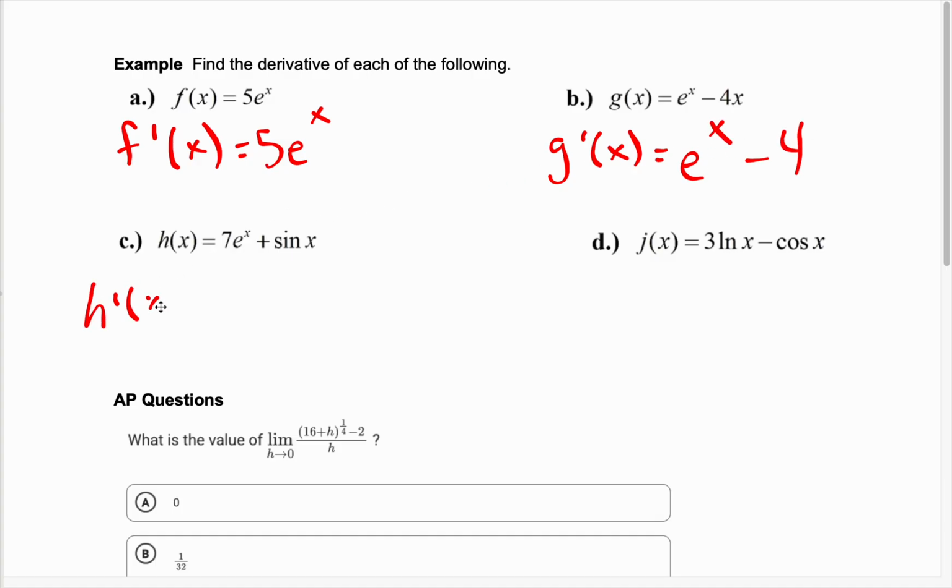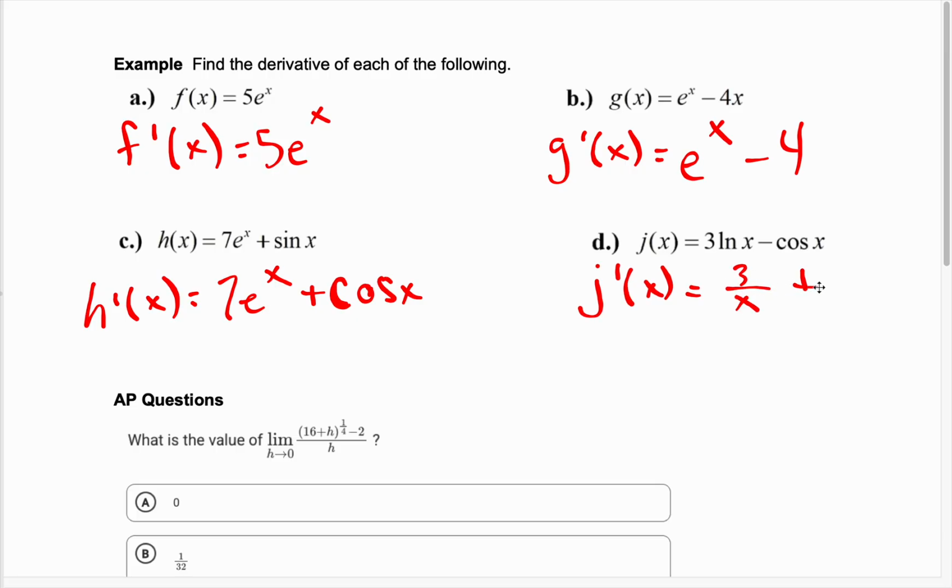And h prime of x, 7e to the x plus, oops, part d, 3 over x plus.